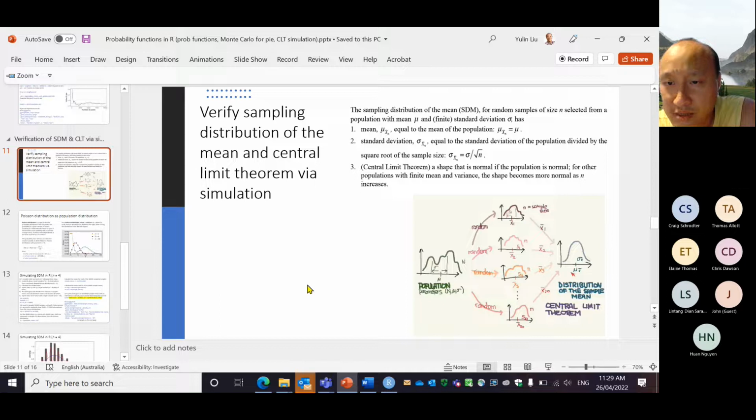In other words, if the parent distribution is normal, then the central limit theorem doesn't really matter, because the distribution of the sample mean will always be exactly normal. But the true power of the central limit theorem is when the original distribution is not normal.